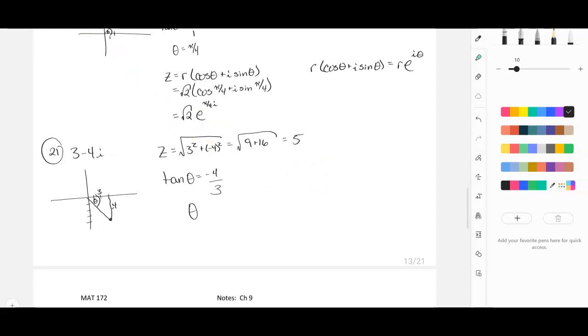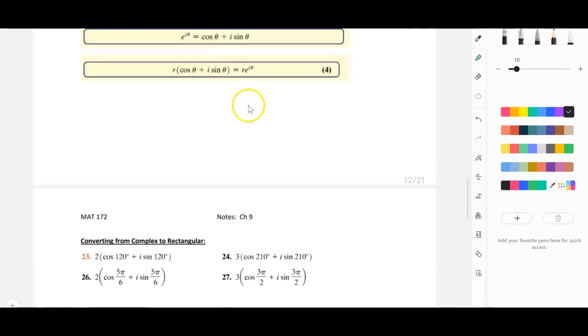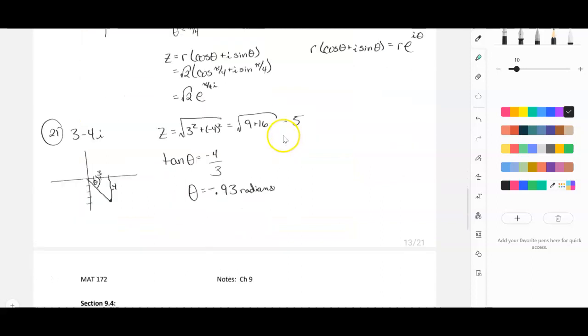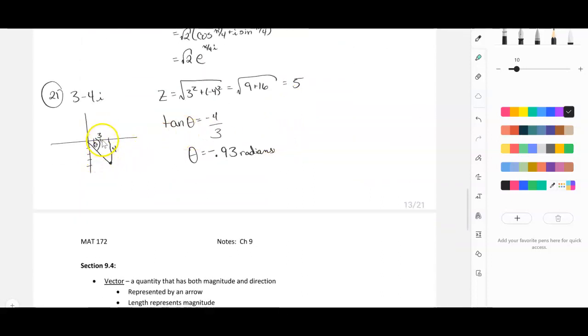If I take the inverse tangent, I'm going to get negative 0.93 radians. I'm going to write this in terms of radians, all because they're telling us that they want that theta value between 0 and 2 pi. Since I'm thinking about negative here, and they want that between 0 and 2 pi, let's add 2 pi to it so that we can force theta to be a positive value between 0 and 2 pi.